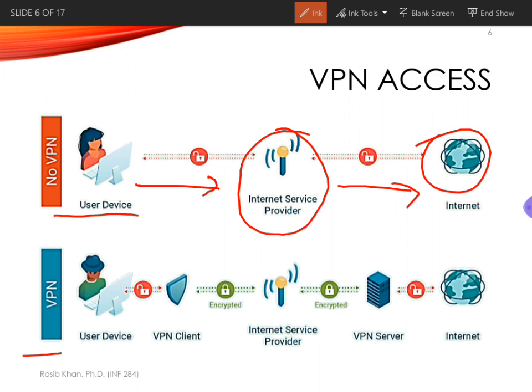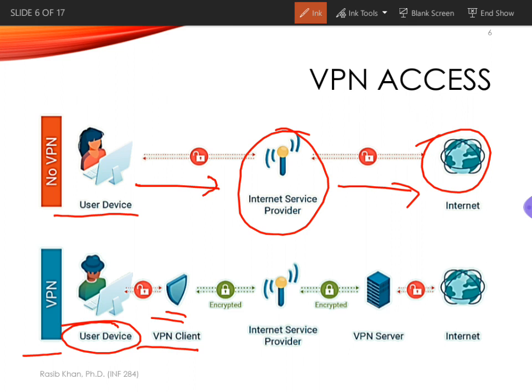However, with VPNs, the user device has something that we call a VPN client. The VPN client is a piece of software which allows the user device to enter into a VPN network and performs all the other operations such as authentication, authorization, all of the things.